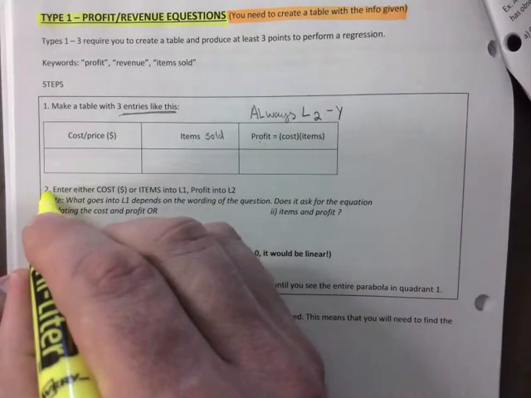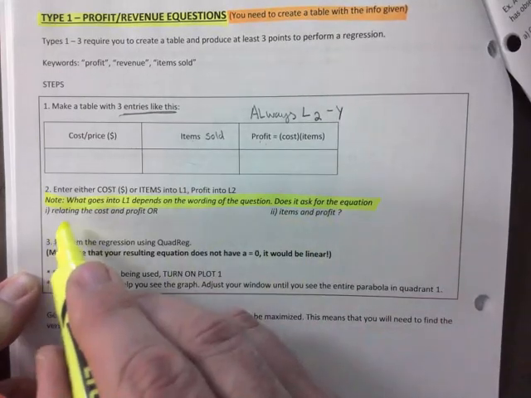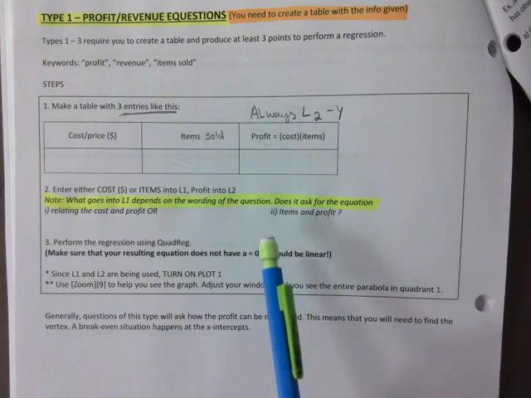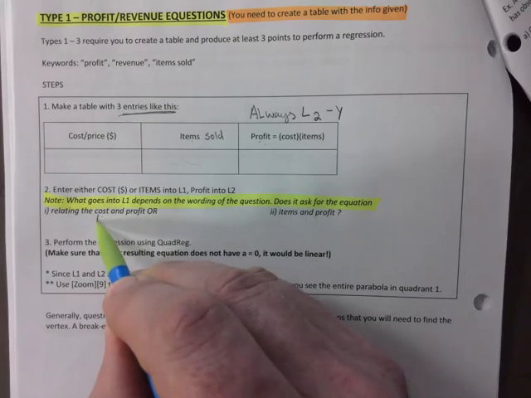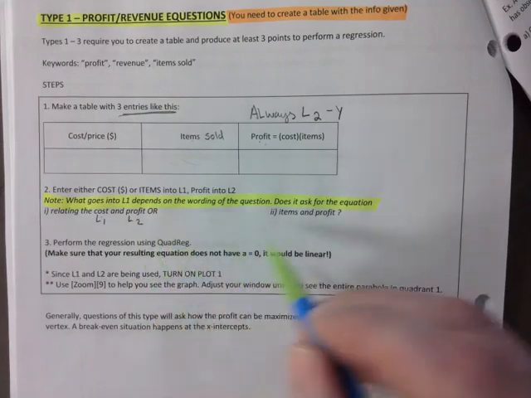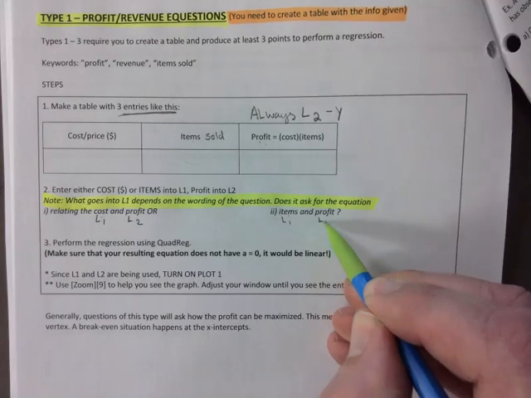Here it is. Does it ask for relating the cost and profit, or items and profit, right? So if it's cost and profit, obviously the cost goes into L1, the profit goes into L2. If it's items and the profit, it goes L1 and L2.